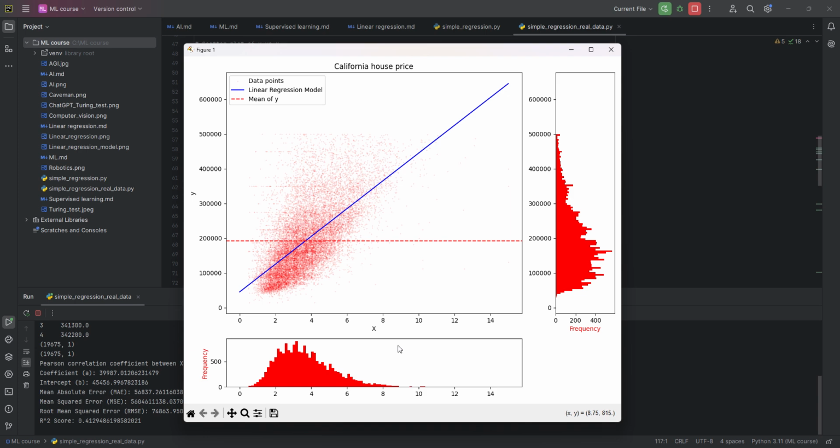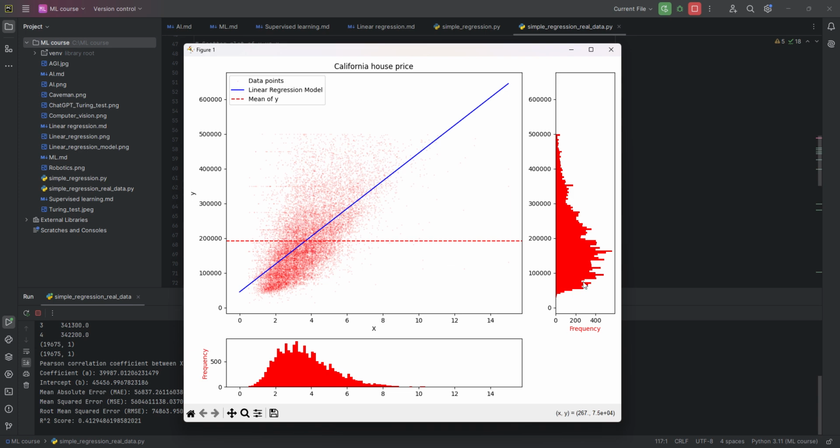So we need to decide if we want to keep these areas or not, or we just want to focus on the areas that we have enough density to make our decision. And by making decision, I mean to have our model fit to the data.